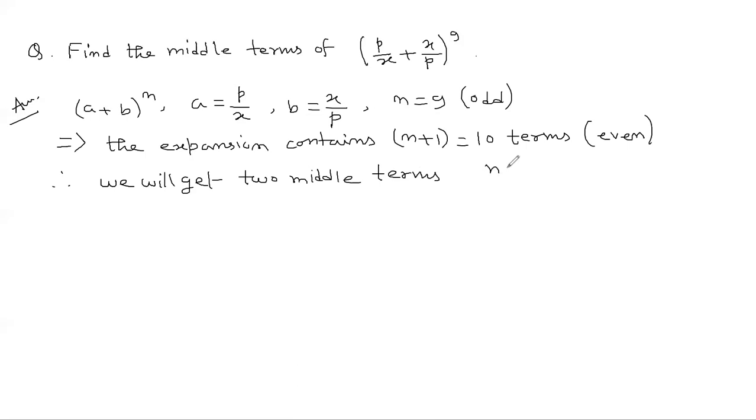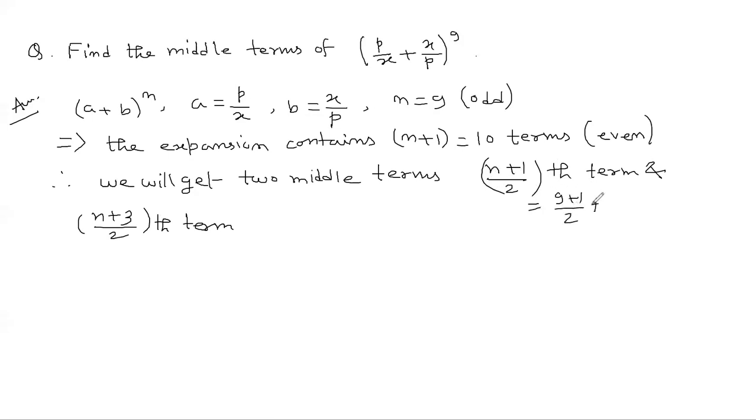One is n plus 1 by 2th term and n plus 3 by 2th term. So n plus 1 by 2th term means 9 plus 1 by 2, that is equal to 5th term, and here we are getting 9 plus 3 by 2th term, that is equal to 6th term.